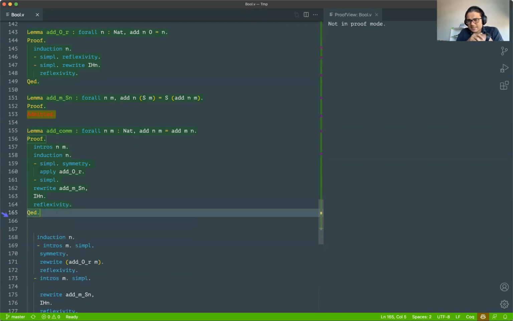So in this case, it did not matter. We assumed both natural numbers and then we induct on N. But this example clearly demonstrates the difference between the induction hypothesis in two cases.